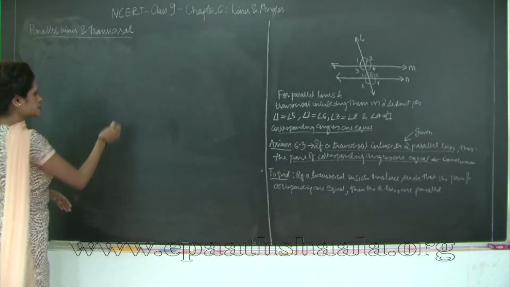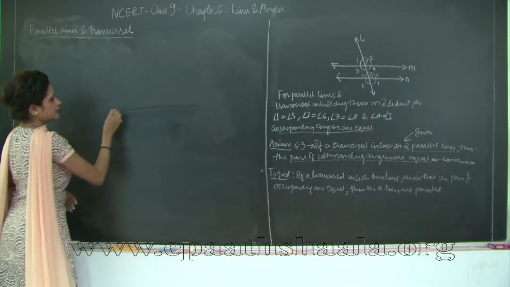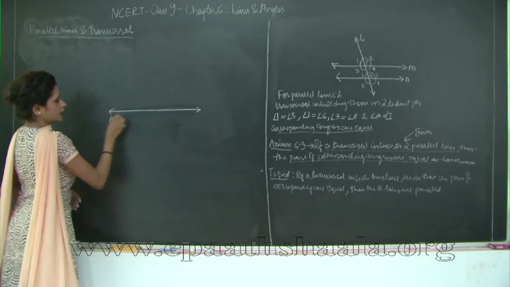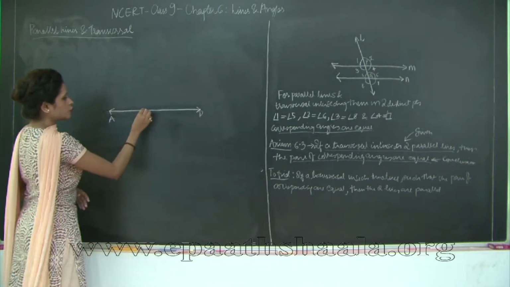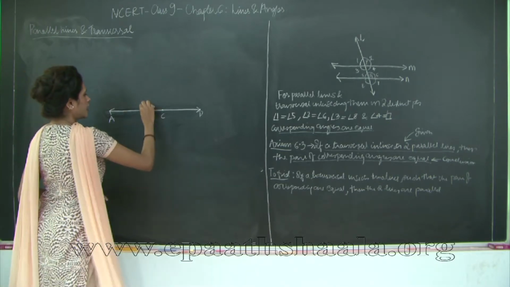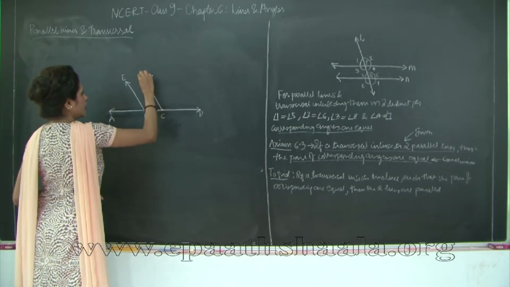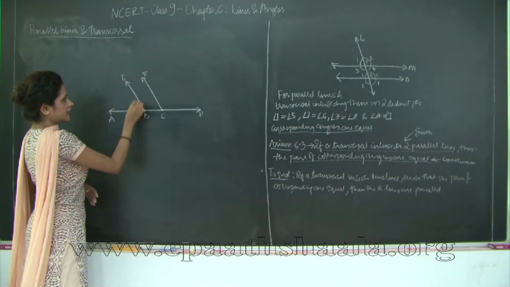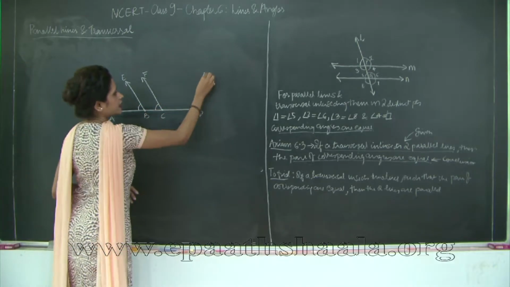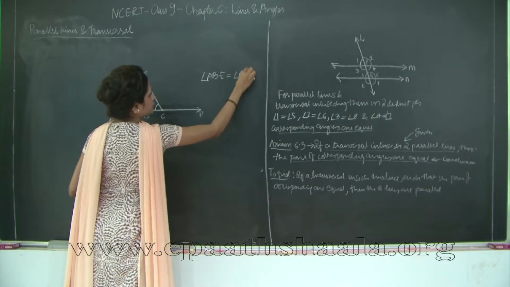What you are going to do is take a straight line AD. You are going to mark 2 points B and C, and you will draw angles ABE and ACF such that angle ABE is equal to angle ACF. So here I am going to write angle ABE is equal to angle ACF.